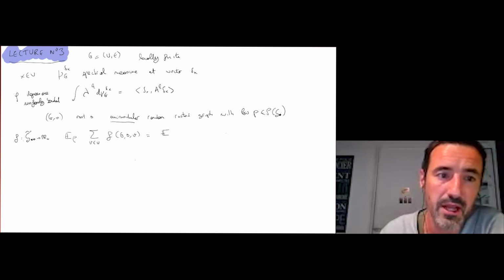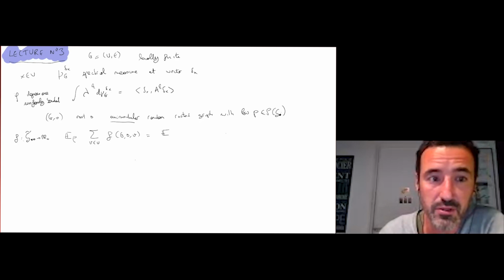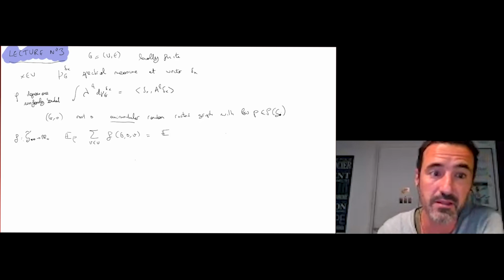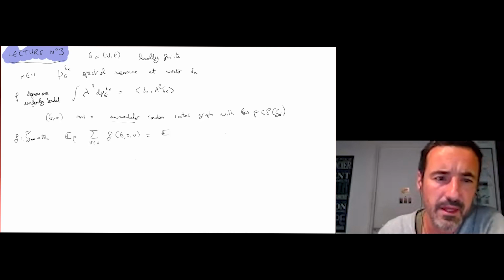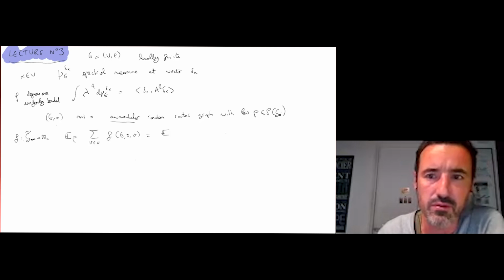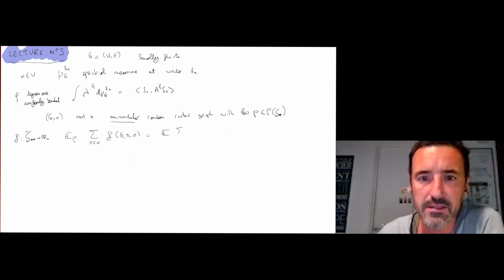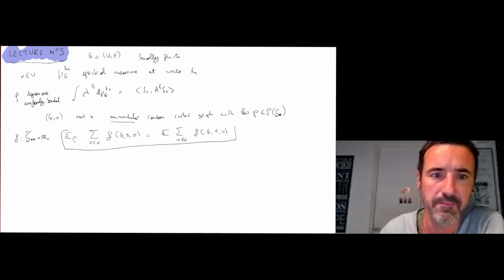By unlabeled I mean the function is invariant by any isomorphism which preserves the two roots. So it will be unimodular if it satisfies this mass transport principle for all such functions.